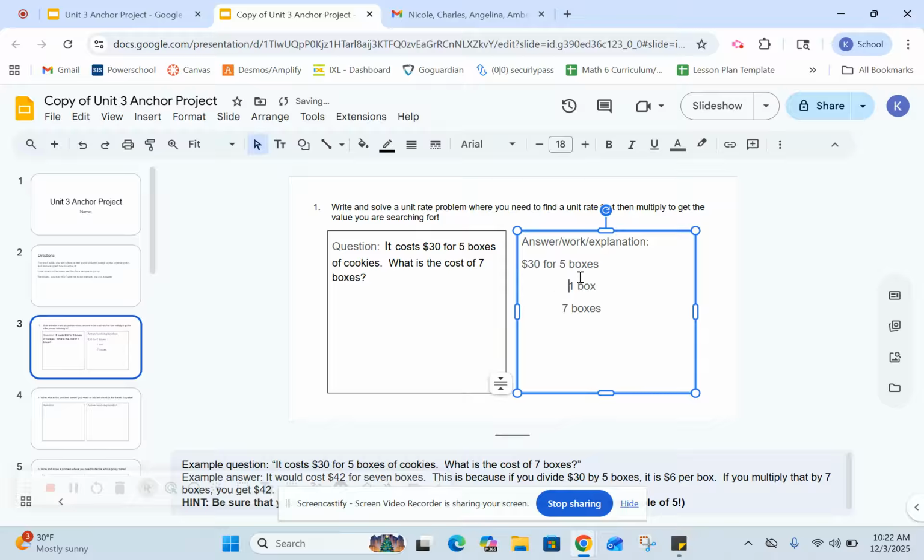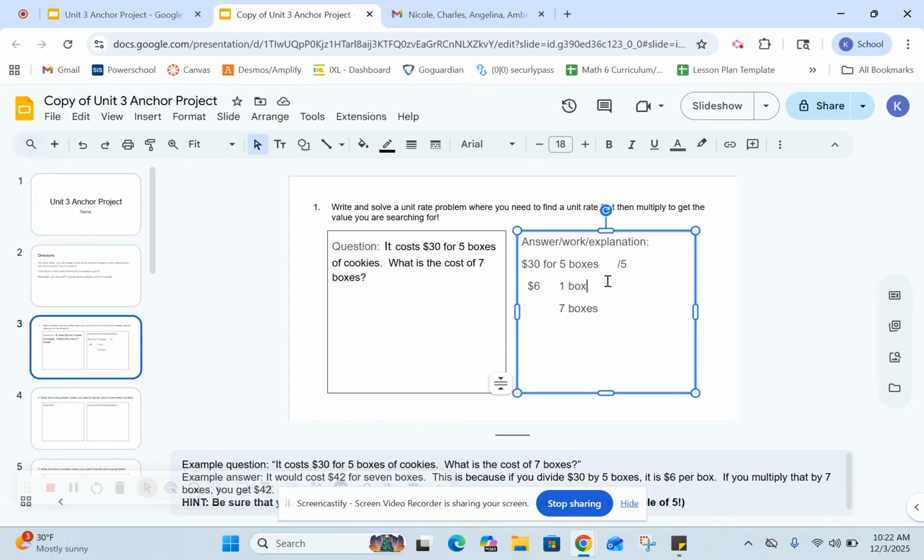So let me write that over here. $30, so if we divide the boxes by 5, we need to divide the costs by 5. $30 divided by 5 is $6 for 1 box. But that is not what the question is asking. It is asking the cost of 7 boxes.